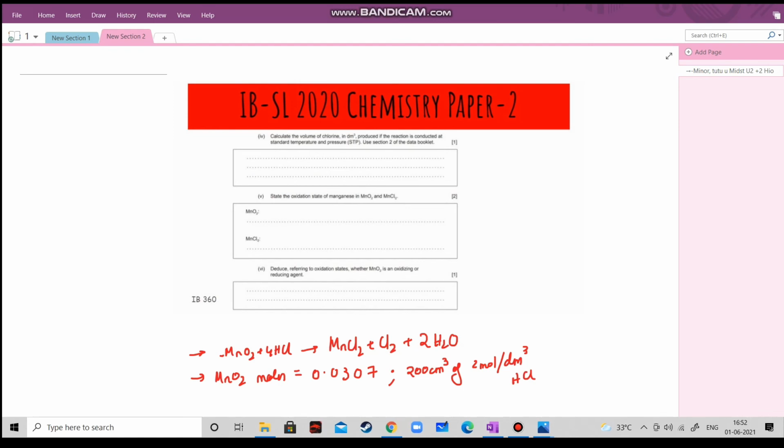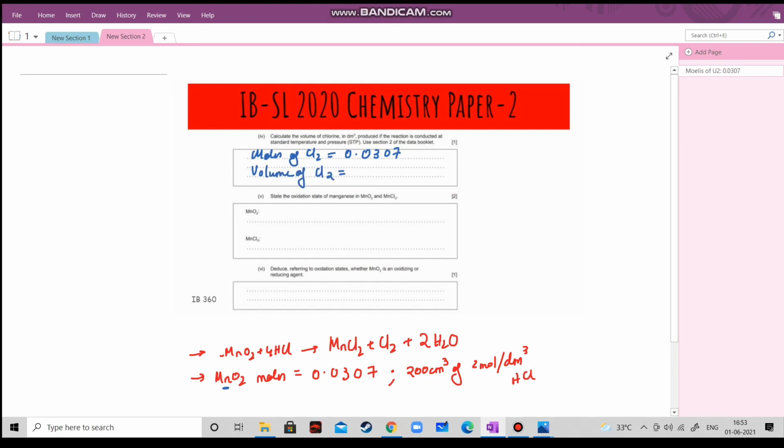In the next part, we need to calculate the volume of chlorine in dm cube produced if the reaction is conducted at standard temperature and pressure. Firstly, let's calculate the amount of moles of chlorine that would be produced. We've already calculated that MnO2 is our limiting reagent. MnO2 and Cl2 is in 1:1 ratio. So moles of Cl2 would be equal to moles of MnO2, that is 0.0307.